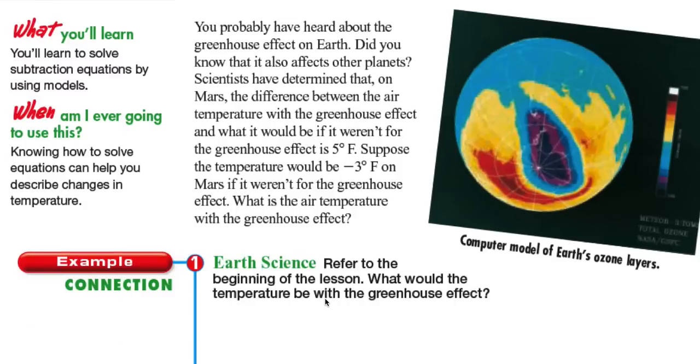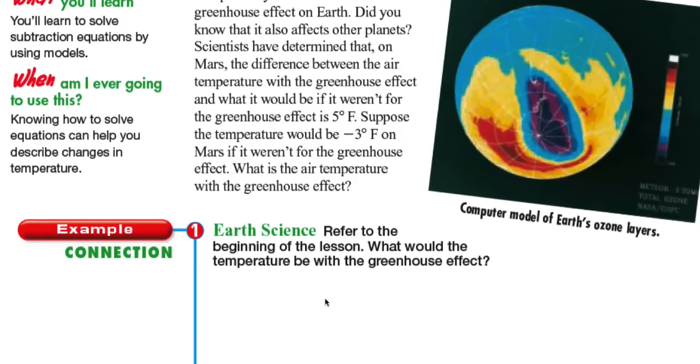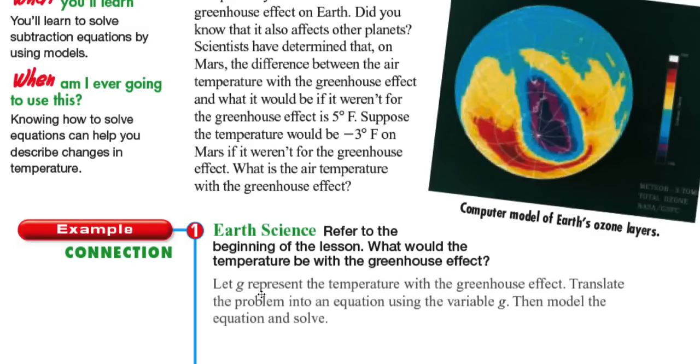Okay, so we will solve this problem in example 1. Let's refer to the beginning of the lesson. What would be the temperature with the greenhouse effect? Again, a word problem. We need to define a variable and use a let statement. So we let G represent the temperature with the greenhouse effect, G representing greenhouse.